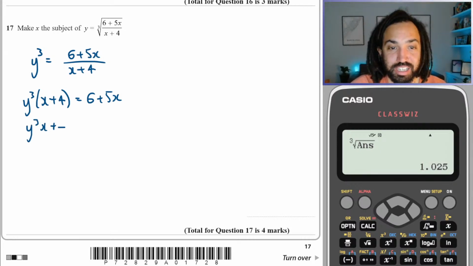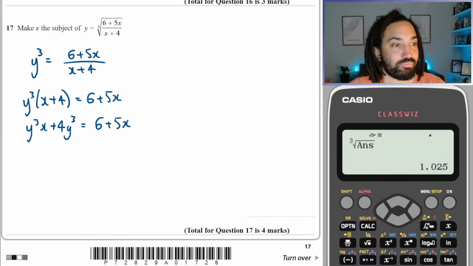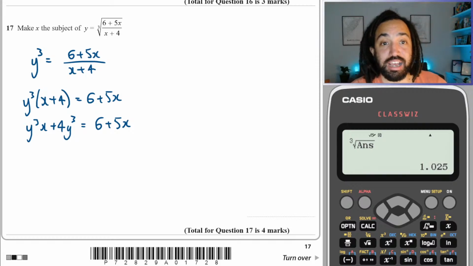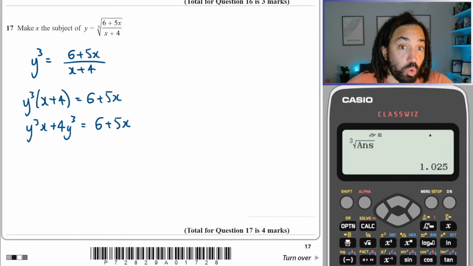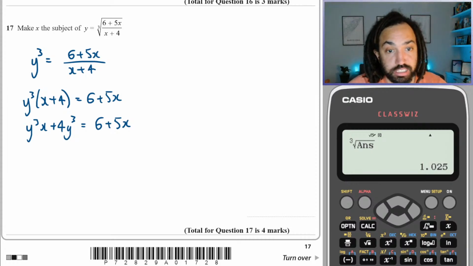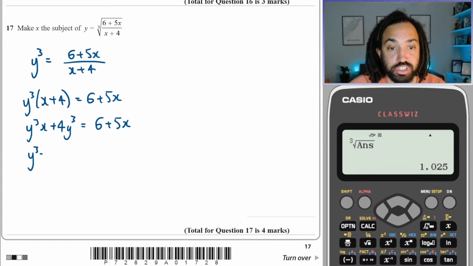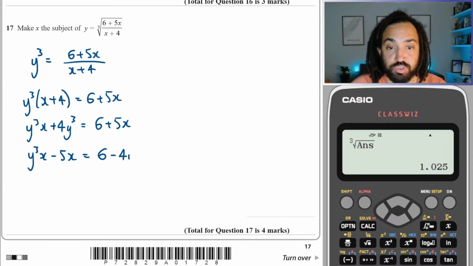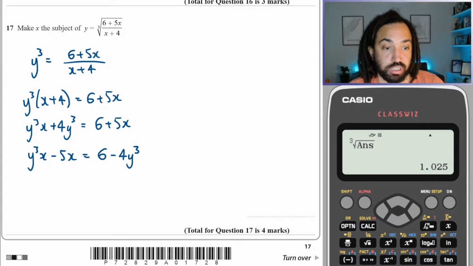Better speed up then. 4y cubed is equal to 6 plus 5x. And now, critical point, we've got to move all of the terms that have an x in to one side, and all of the terms that don't have an x in to the other side. So I'm going to minus 5x, and I'm going to minus 4y cubed, like so.